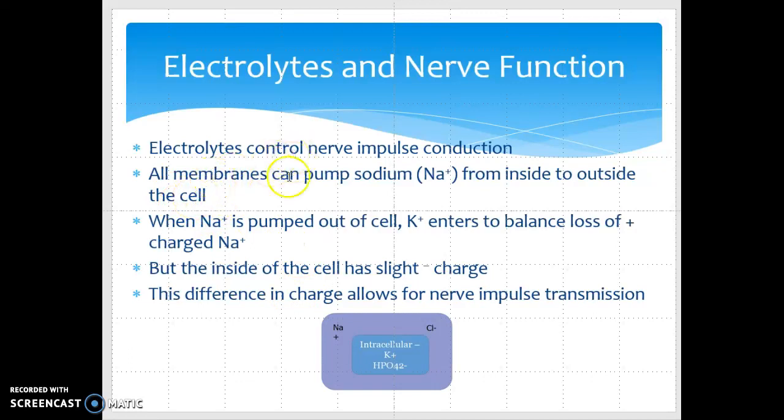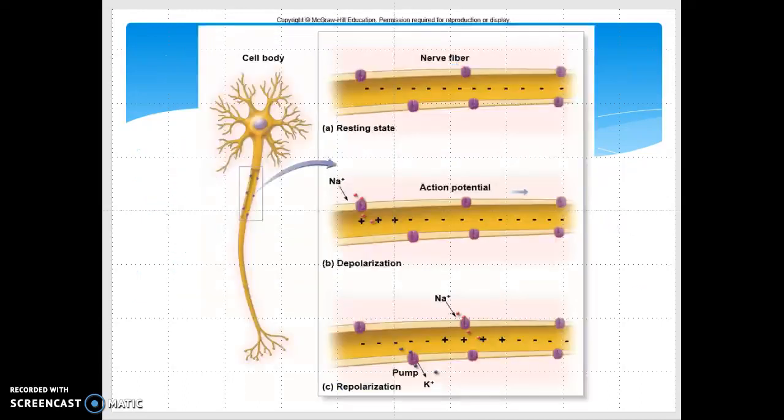So here we have this electrolyte controlling nerve impulse conduction. It is basically an electrical impulse. And it happens, interestingly enough, by just movement of sodium and potassium in and out of a cell very, very quickly. In a resting state, you have this normal state of electrolytes, and you have these little receptors along the membrane.